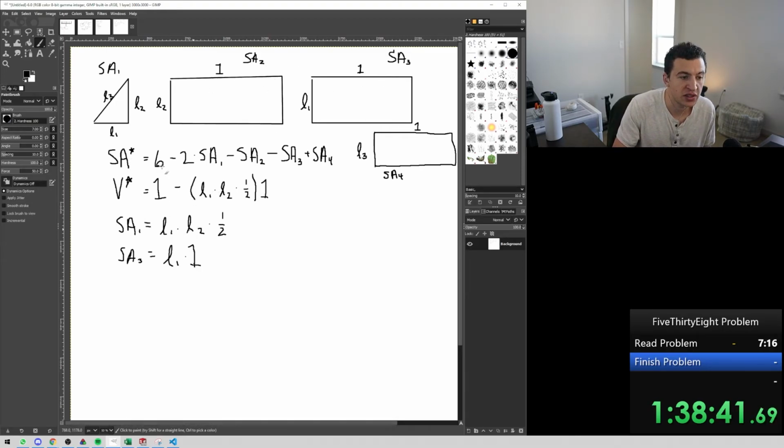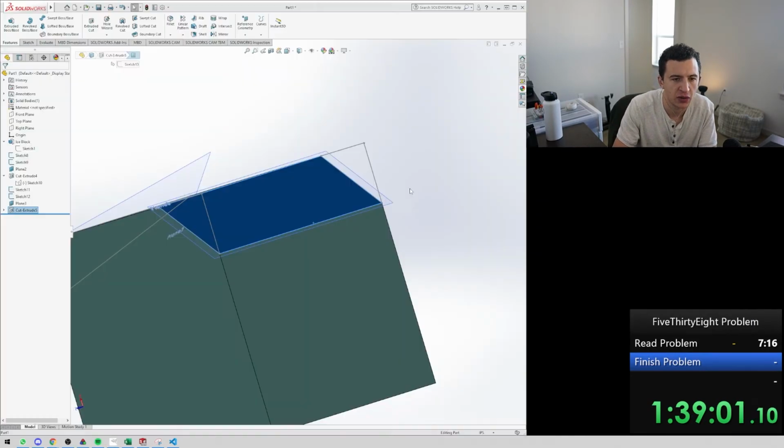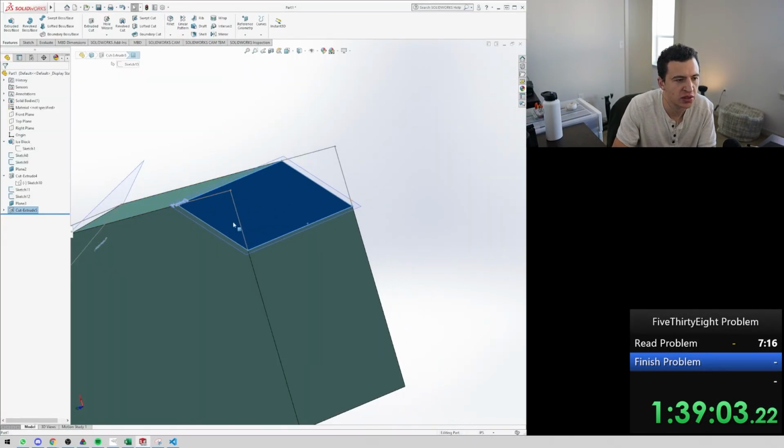Not going to bore you with writing out these other ones because they're very much the same. But now we're going to do the same exercise of iterating through and finding what the best lengths for L1 and L2 are for this two corner cut solution. So we're cutting off 2 corners and we're varying these 2 side lengths.